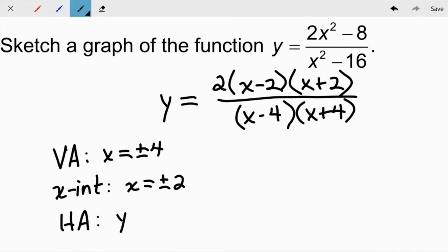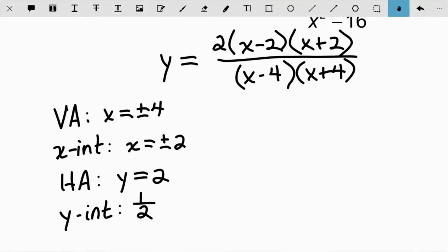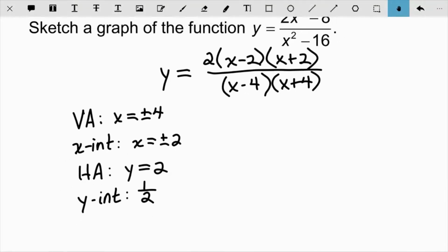That would be at y is equal to 2. And then the last thing that you can definitely just really quickly analyze would be the y-intercept. So remember, that's when x is 0. So the y-intercept would be at the point where y is equal to 1/2. Okay, so those are all of the pieces of information that you could have done back in Algebra 2.